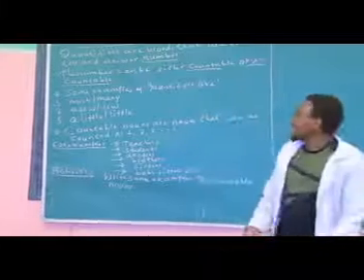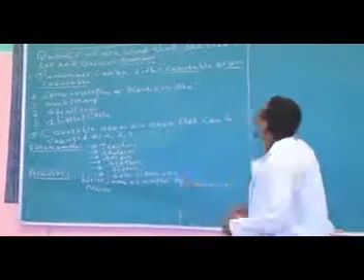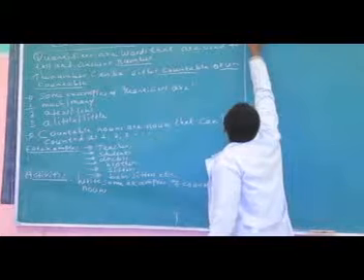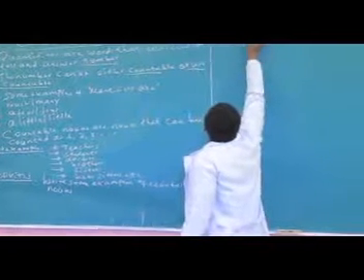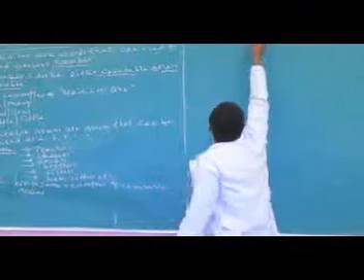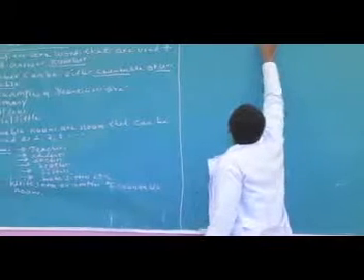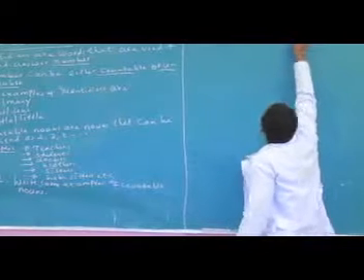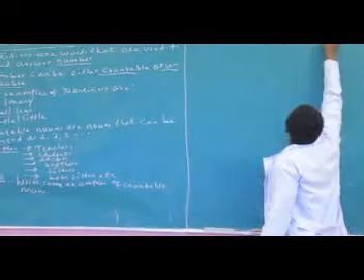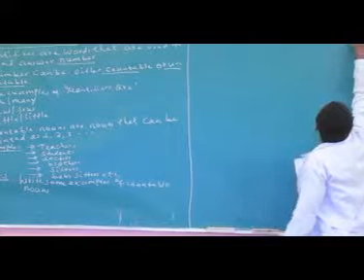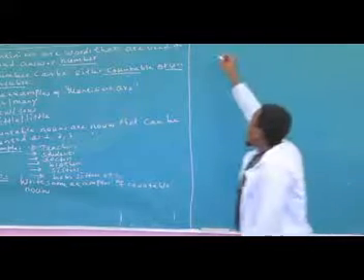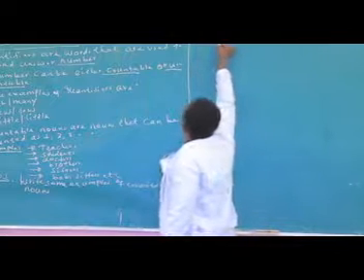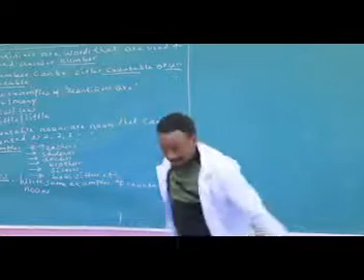Good. Can we start with the other one? The next is when you see number that is an uncountable noun. So the definition: uncountable nouns are nouns that cannot be counted.